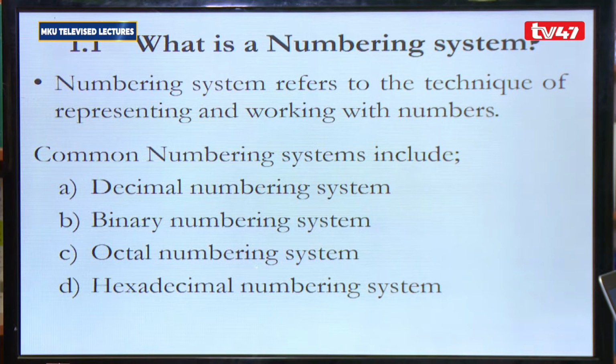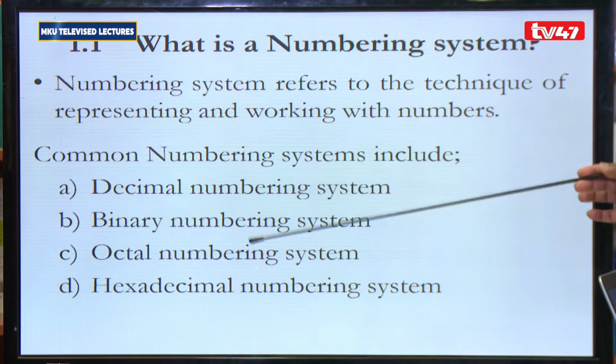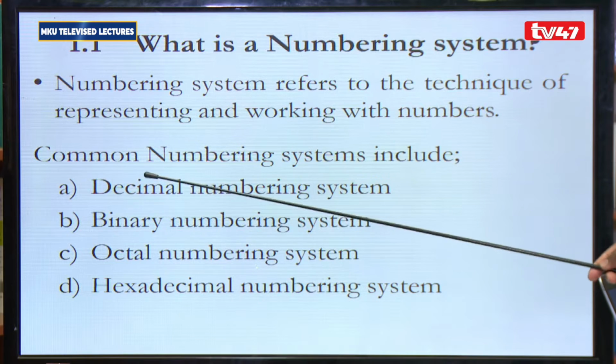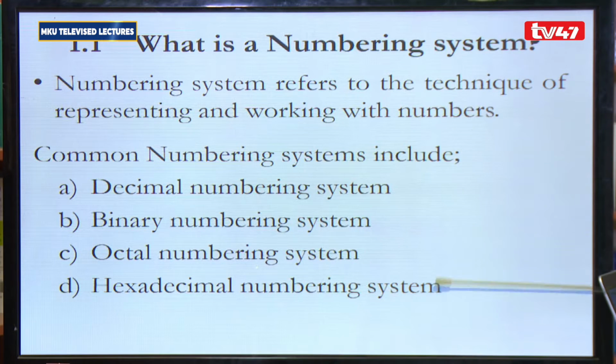By the end of today's lesson, you'll be able to understand how each of these numbering systems works, where we apply them in computing, and how to carry out calculations using them. We'll go through each one of them, starting from the decimal numbering system, the binary numbering system, and up to the hexadecimal numbering system, and try to understand each at a time.